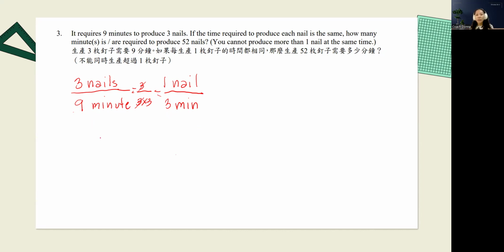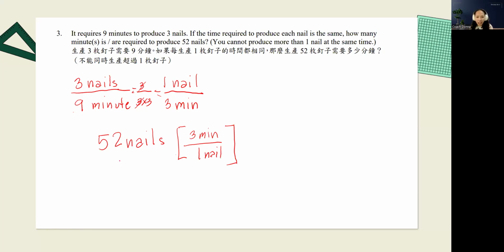So if you have 52 nails now, and you know that one nail takes 3 minutes, we just need to multiply 52 nails by 3 minutes, because you know 1 nail for every 3 minutes, but now you have 52 nails.